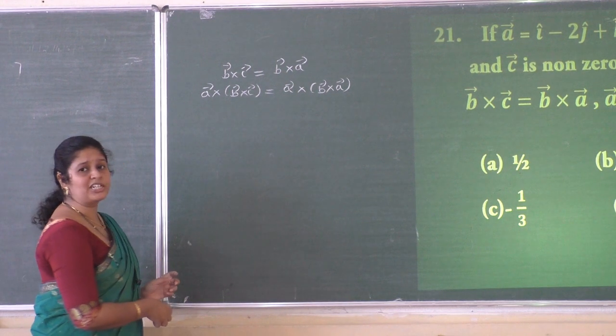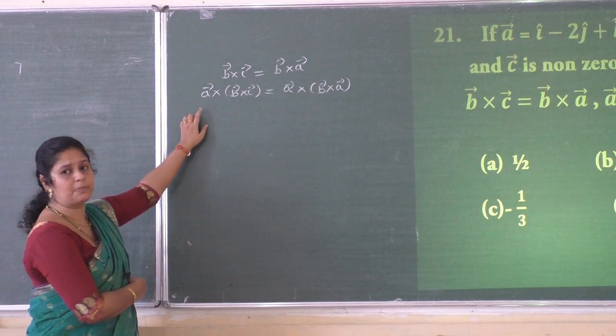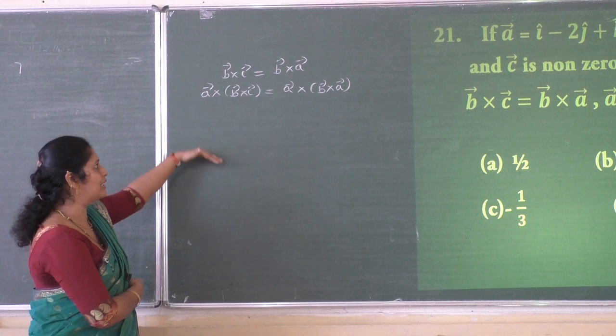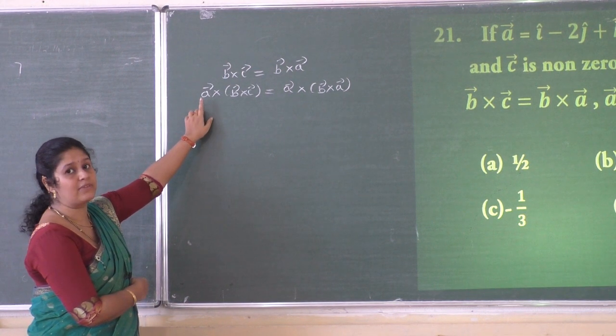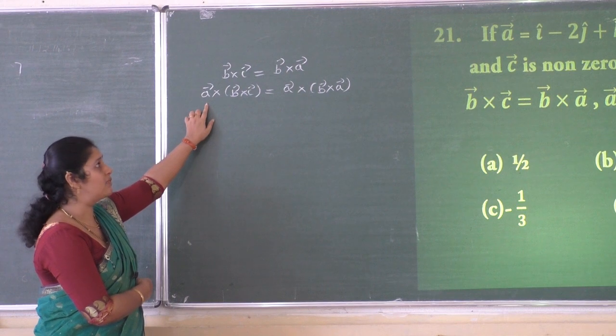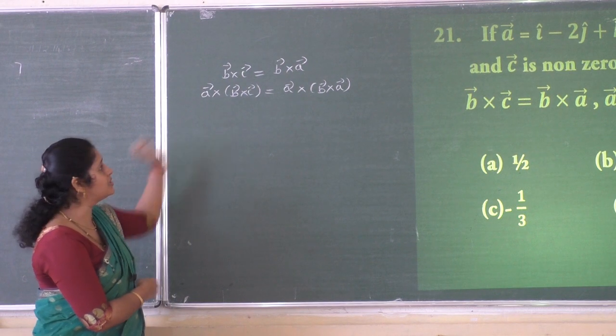So why do we need to multiply by vector A? Why can't we take vector B or vector C? That you will get later. Because if I multiply by vector A, then I will get vector C from this.